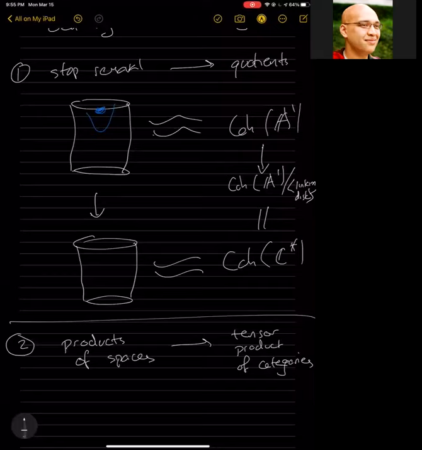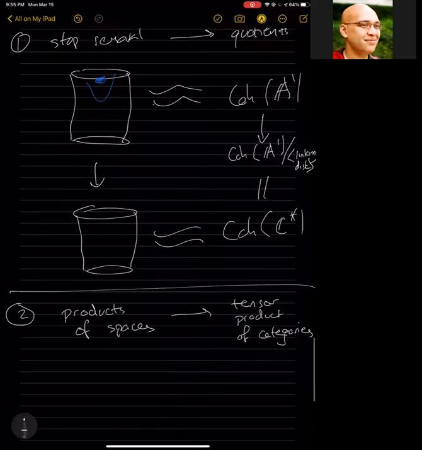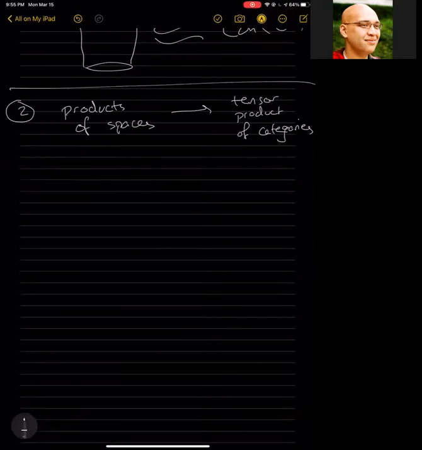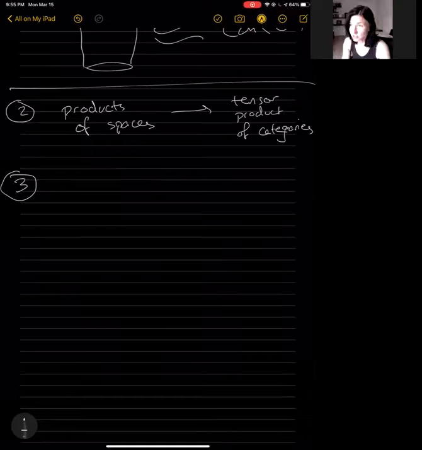So you simply send everything that comes from the subcategory to 0. That's right. Is that a good enough answer? Yes. Okay.